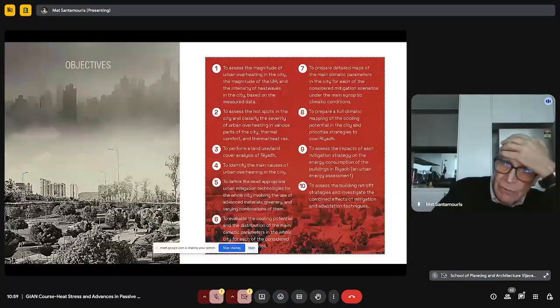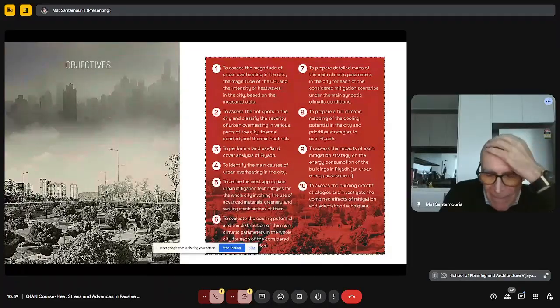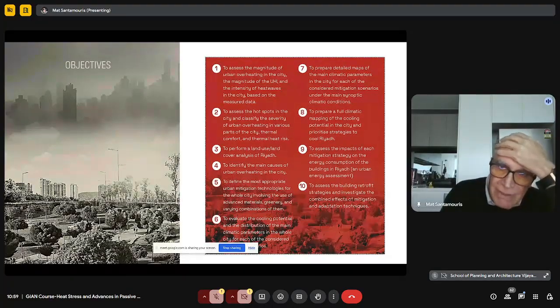Objectives of a mitigation project. First, in order to implement mitigation strategies in a city, we have to know the exact problem. If we don't know the characteristics of the problem, we risk solving the wrong problem or another problem.